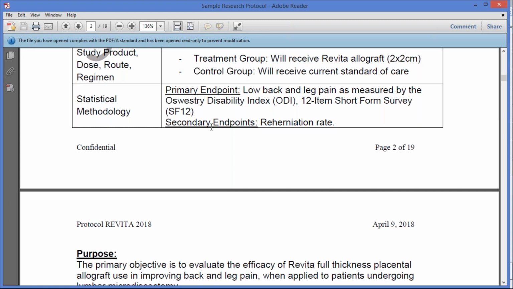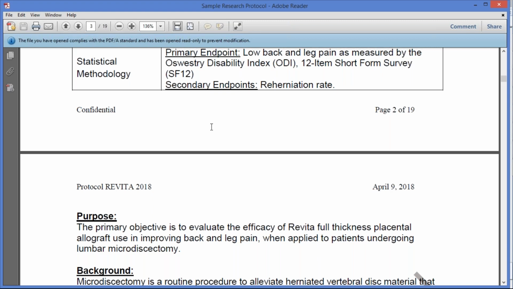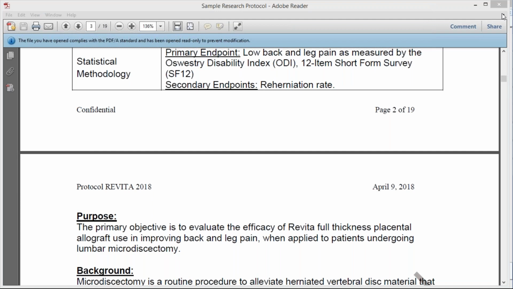Okay. The second endpoint is reherniation rate. What is reherniation? After surgery, people generally develop a herniated disc again. The same thing happens again: the disc bulges and forms a herniated disc. So that is reherniation. After traditional surgery, without Revita, reherniation is a common problem.